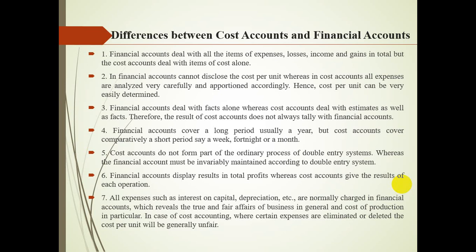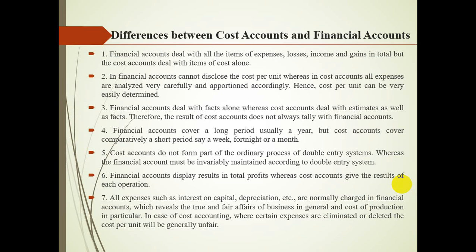But cost accounting deals with facts as well as estimations. We estimate how much budget we need for the production of a particular thing, how much budget we need for producing such a unit of the product. We estimate that based on historical figures.